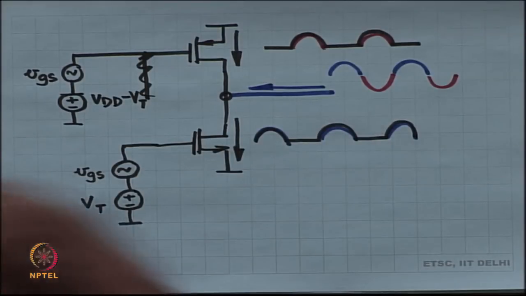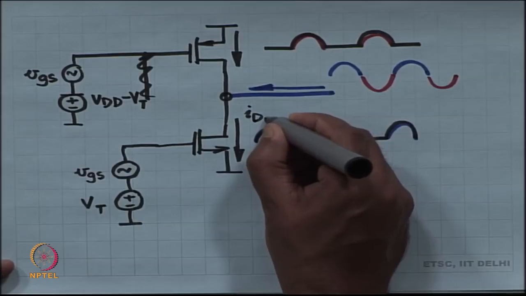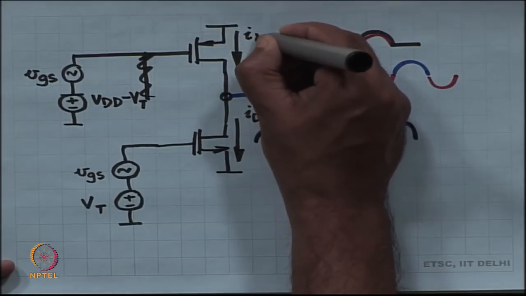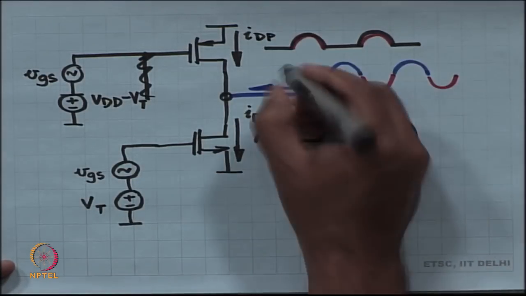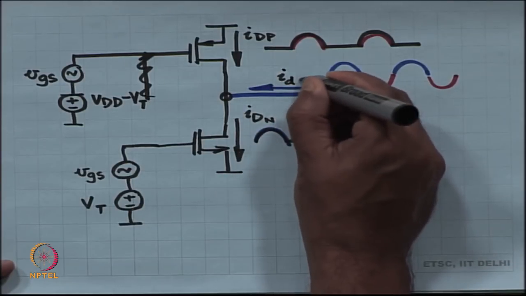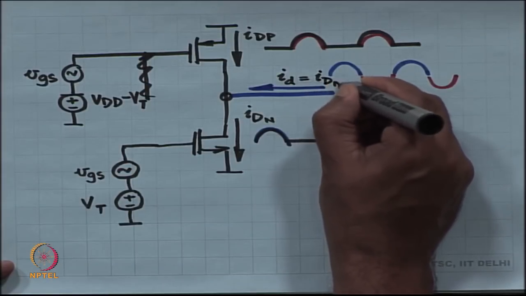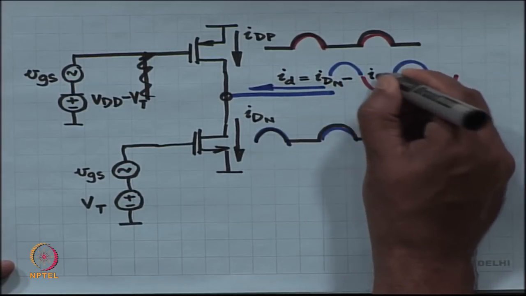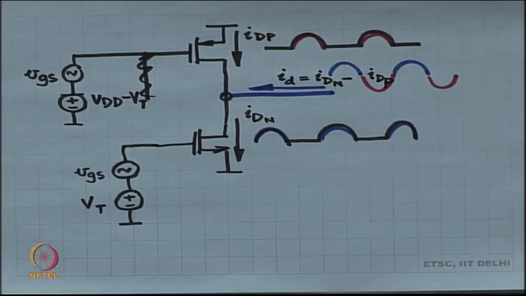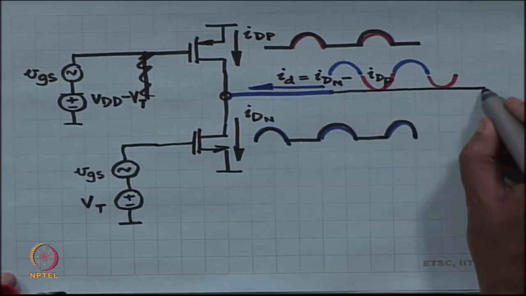So, what I am doing is I am calling this IDN, IDP, and ID is equal to IDN minus IDP. All right. And what I do is I am going to put this across my load.